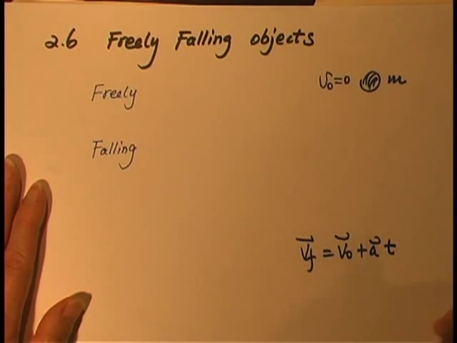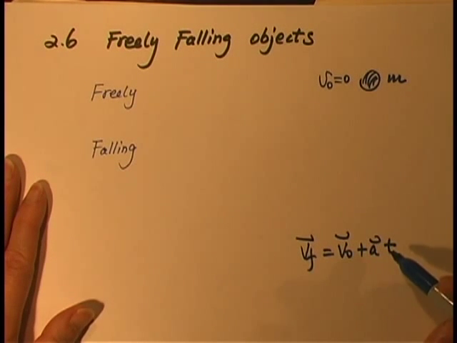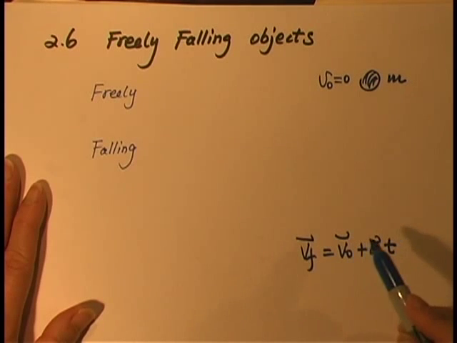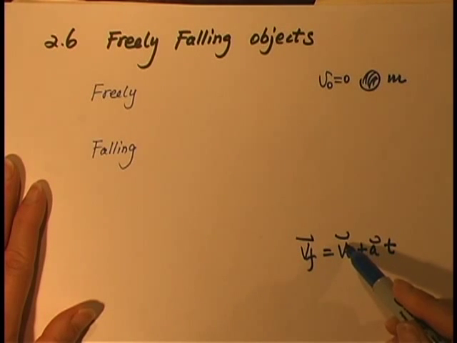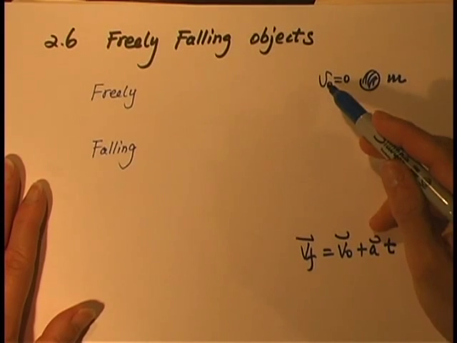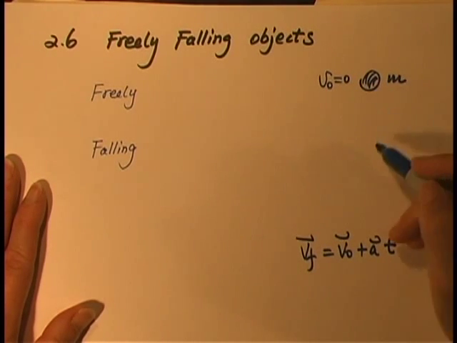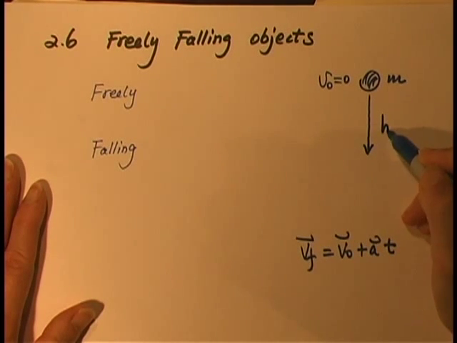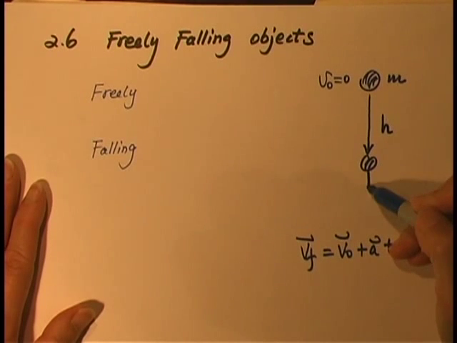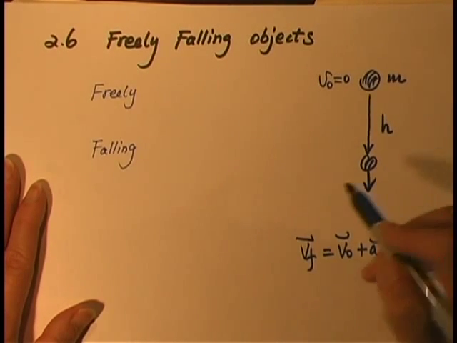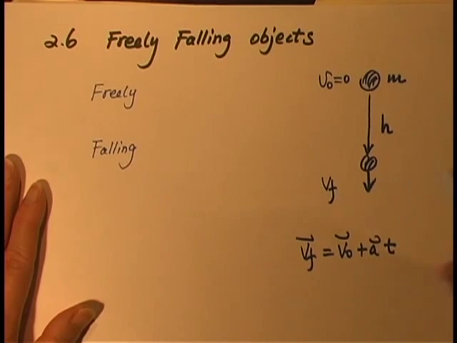This is what we call a kinematics equation, because it simply says if you have initial velocity and you have acceleration or deceleration, your velocity will change after t seconds. So let's think about here. If your initial velocity is 0, obviously when the object falls, let's say it falls a distance h, it will pick up some v. Let's name that v as v final, for example.